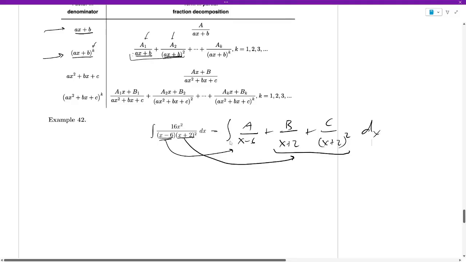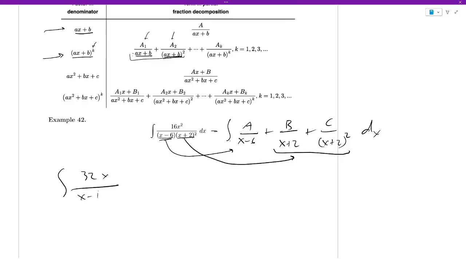So again, it's a little bit weird, but if you just do a couple of examples, it'll sort of start to make sense. For example, let's just try making something up. 32x over x minus 1, x minus 2 cubed, and then maybe x squared plus 1. So we just go factor by factor. So first, the x minus 1, so that's just going to be a over x minus 1.